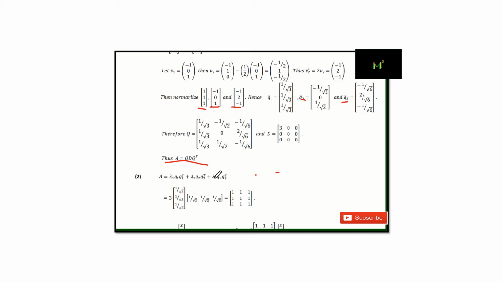And then remember, the rest of the eigenvalues were 0, so this whole thing just becomes 0. So you're just dealing with this thing only. You just multiply this column and this row by the scalar 3, and you get this matrix, which is matrix A.